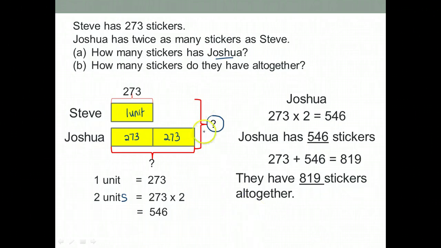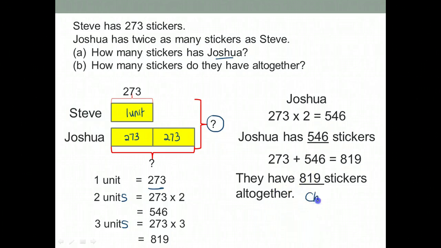If I want to find all together, I know that I have 1 unit, 2 units, 3 units. So 3 units will be, 1 unit is 273, 3 units will be 273 times 3, which gives me 819. So they have 819 stickers altogether.